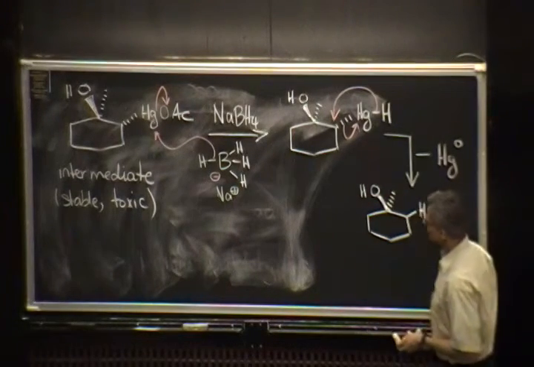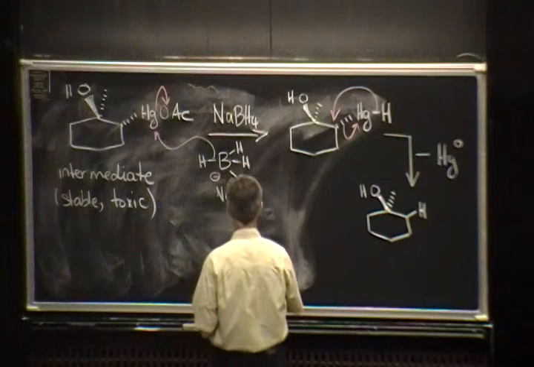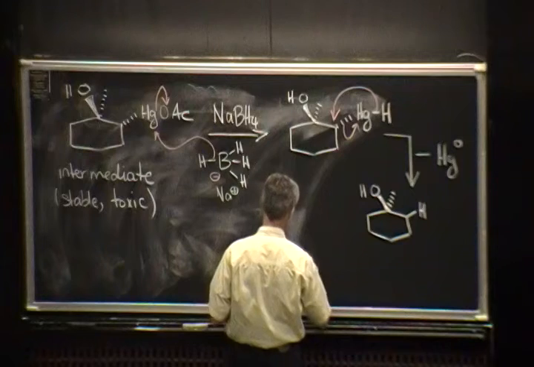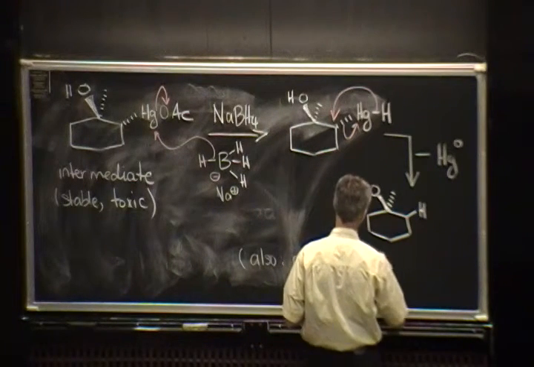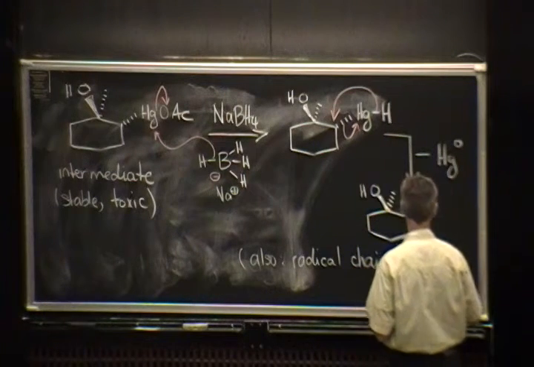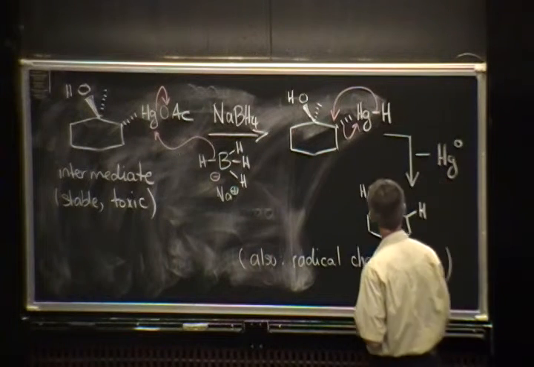There is some disagreement about the mechanism, that probably more than one mechanism is feasible. You can also formulate this via a radical mechanism. What I'm giving you is the reductive elimination mechanism, but there's a radical chain mechanism that's also feasible.